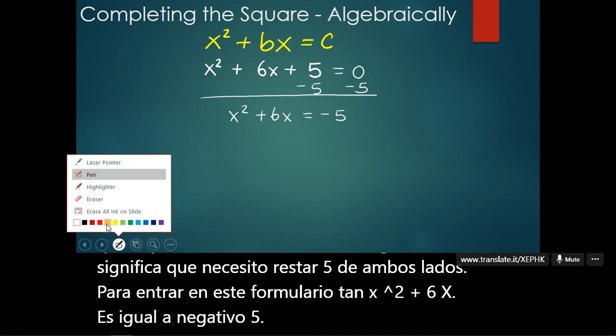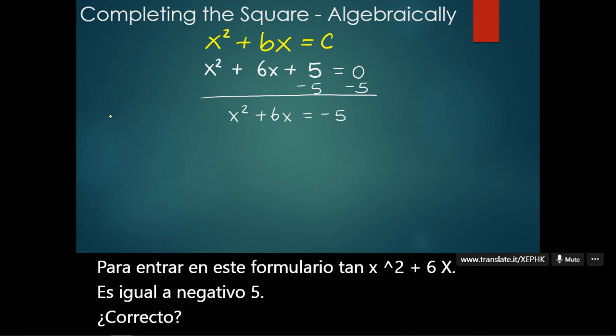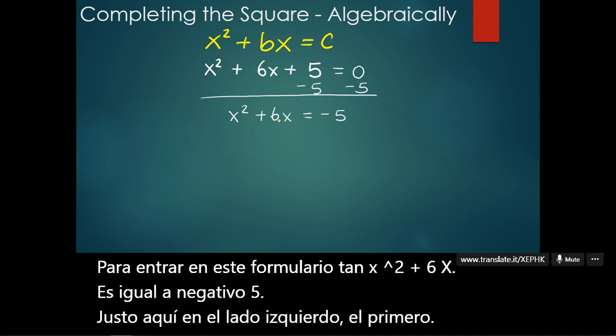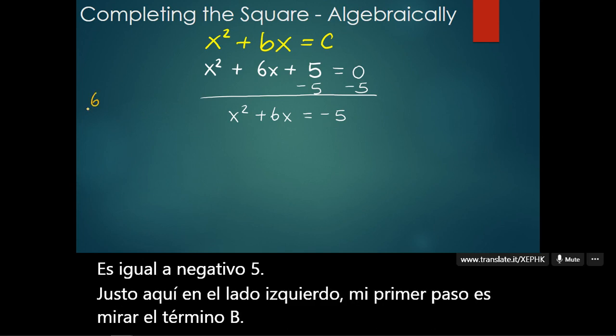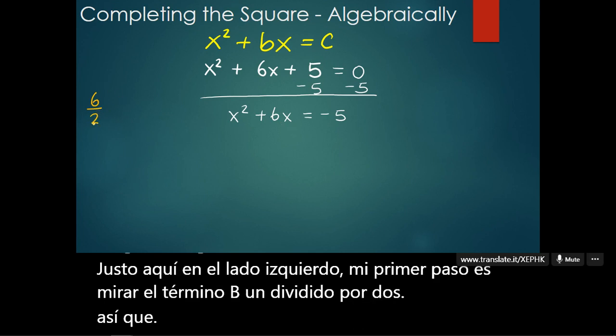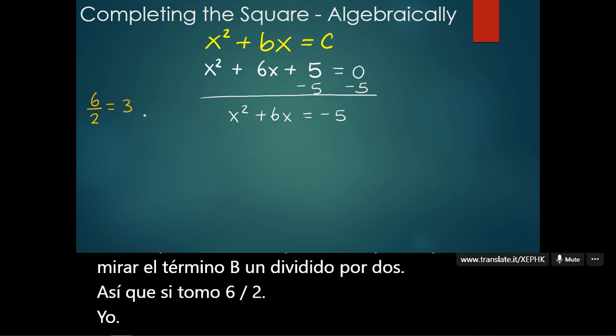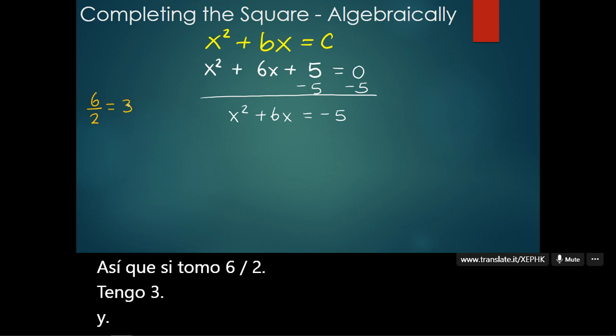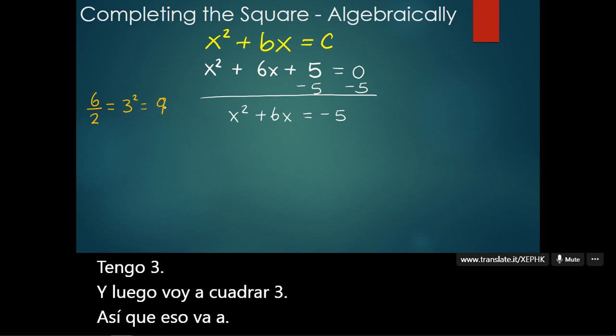All right, over here on the left-hand side, my first step is to look at the b term and divide it by 2. So if I take 6 divided by 2, I have 3. And then I'm going to square 3. So that's going to give me 9.